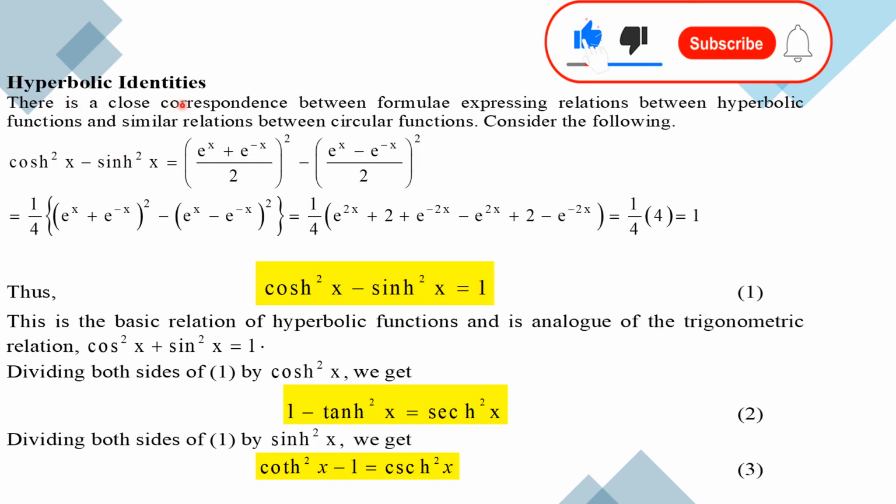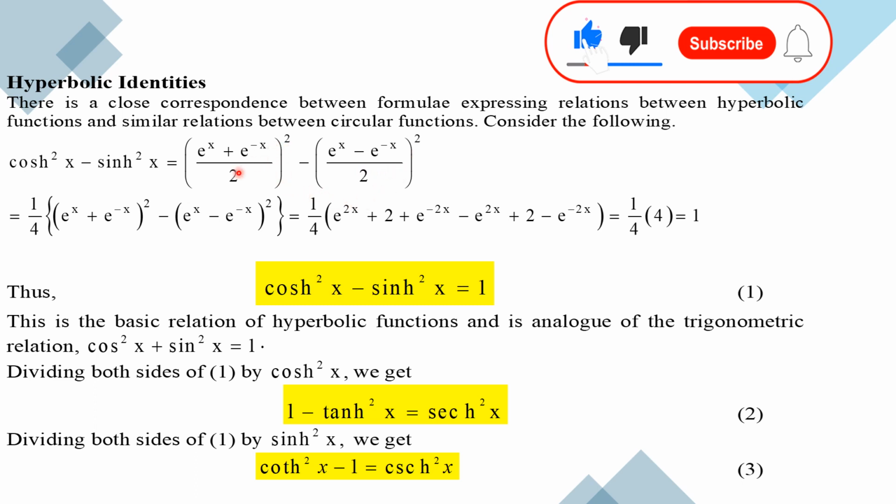Hyperbolic identities. There is a close correspondence between formulas and exponential relations of hyperbolic functions and similar relations of circular functions. Consider the following identity: cosh square x minus sinh square x. We rewrite cosh x by the formula, ((e^x plus e^(-x))/2) square, minus ((e^x minus e^(-x))/2) square.